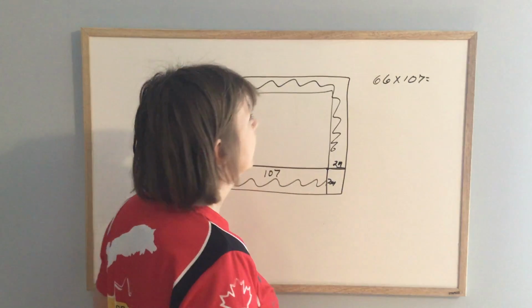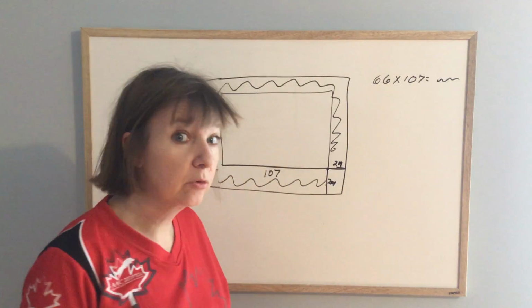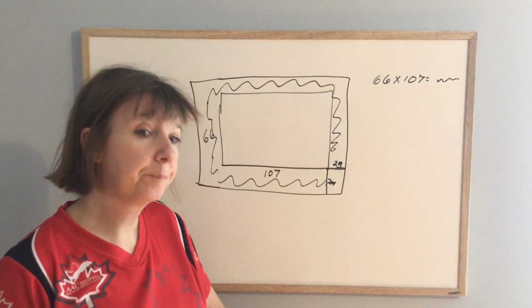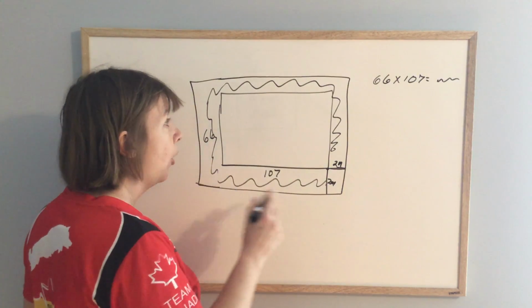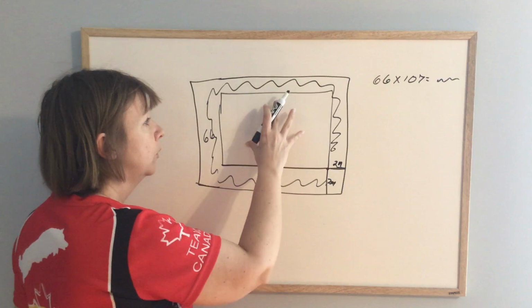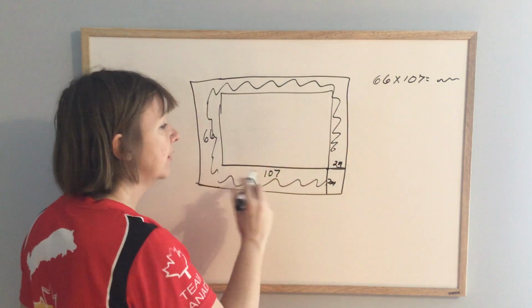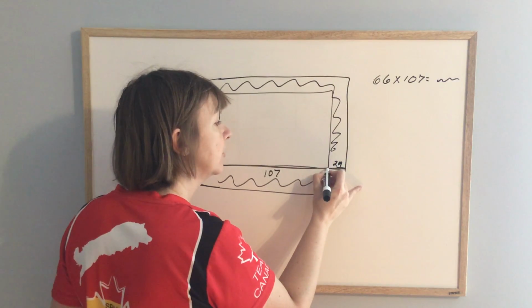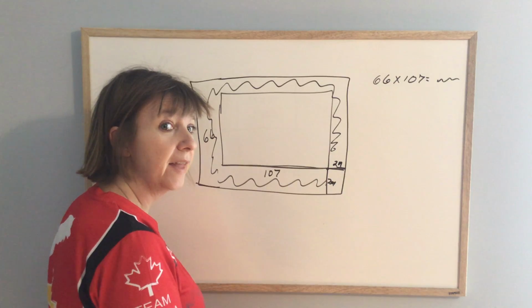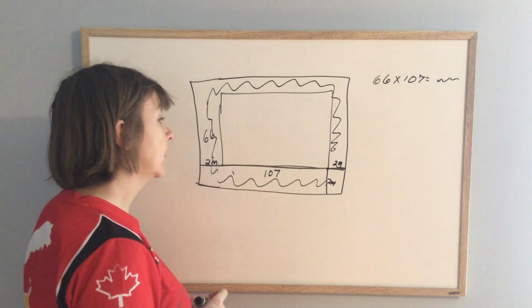Anyway, 66 by 107, you would figure out what that is. Just do 66 times 107. Now, here's the thing. The whole thing with this rectangle and the sidewalk around it, this length is 107, but there's 2 meters of sidewalk on that side, and there's 2 meters of sidewalk on that side.